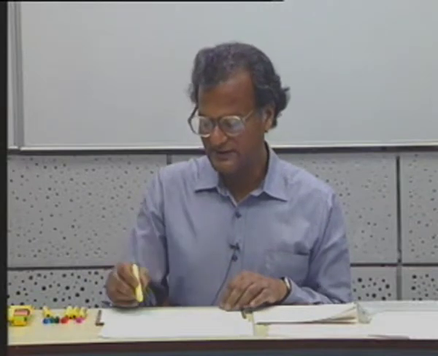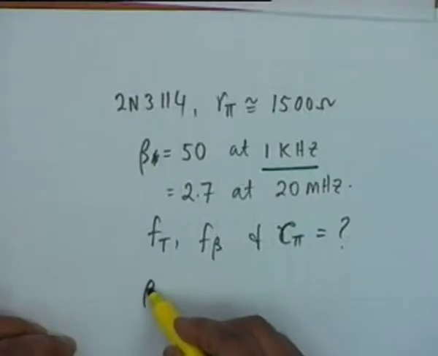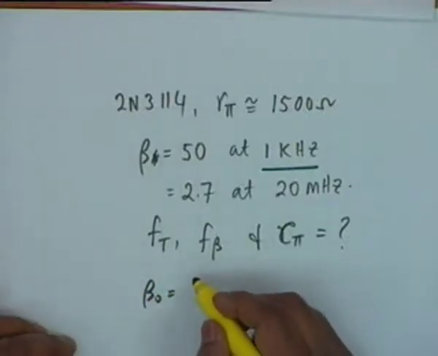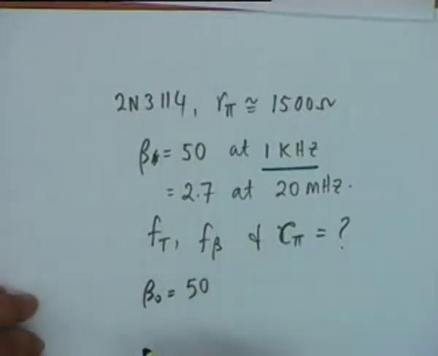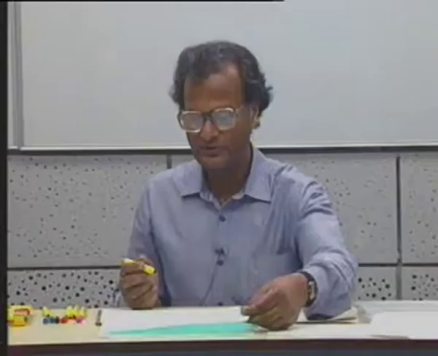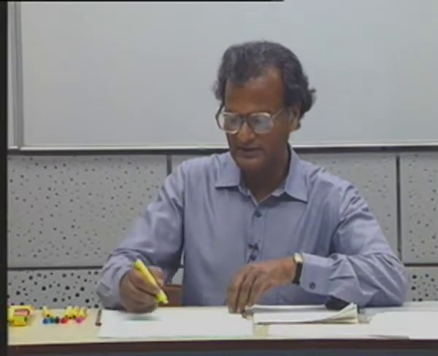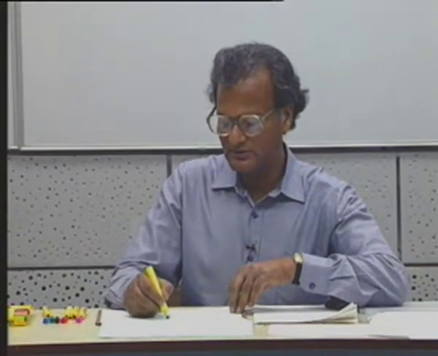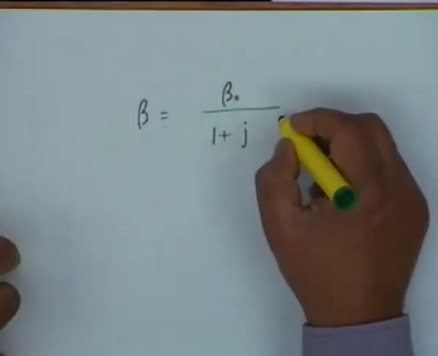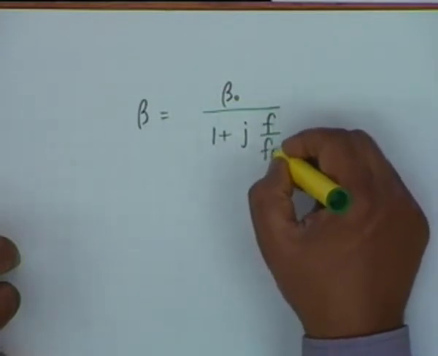Common sense says that 1 kilohertz is a sufficiently low frequency, and therefore you can take beta 0 as equal to 50. And you know that the variation of beta is given by beta 0 over 1 plus j f by f beta.